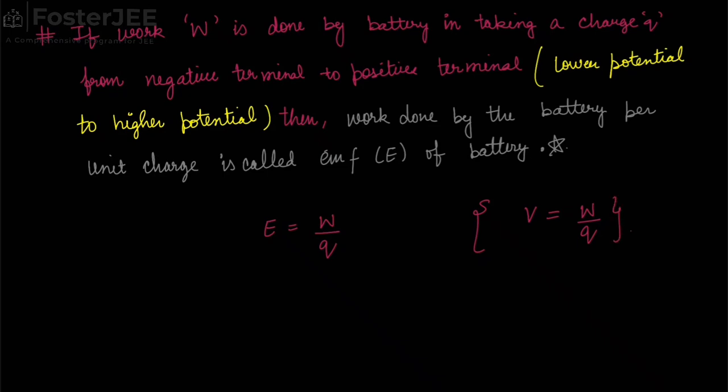So here, if the battery has some potential difference, now from lower potential to higher potential, if we have to take some charge, then there has to be work performed. So this is that work, and if that work is for unit charge, this E is called EMF.